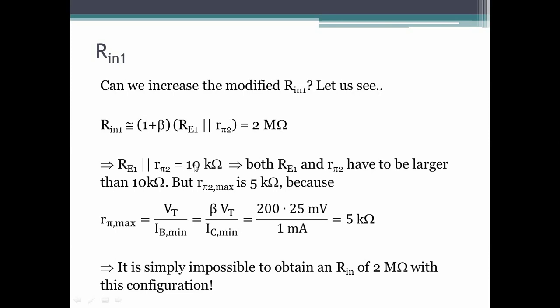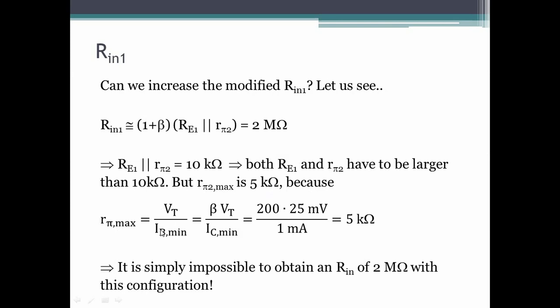What that means is that both RE1 and R pi 2 must be greater than 10 kilo ohms, because if they are in parallel, they must each be greater than 10 kilo ohms for the parallel combination to be 10 kilo ohms. But we already know that R pi 2 max is 5 kilo ohms. We've already seen this, but here is a repetition.